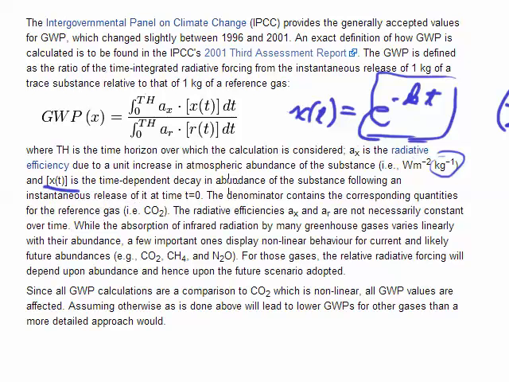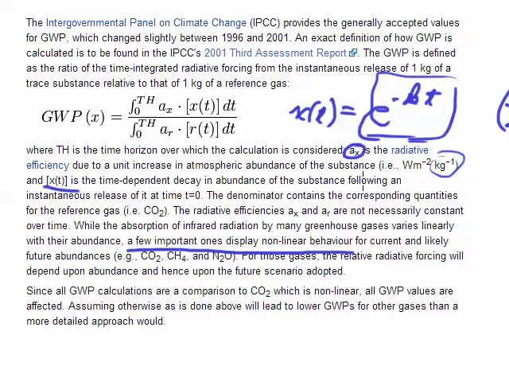But it does look like they go ahead and bring up nonlinear behavior down below. Right there, it says a few important greenhouse gases display nonlinear behavior for current and likely future abundances. For instance, carbon dioxide, methane, and N2O. For those gases, the relative radiative forcings will depend upon abundance and hence upon the future scenario adopted.